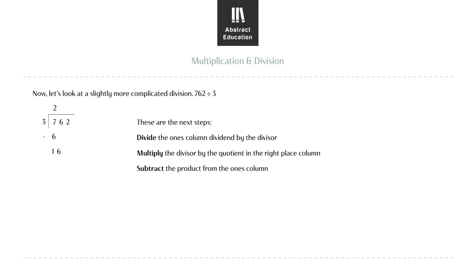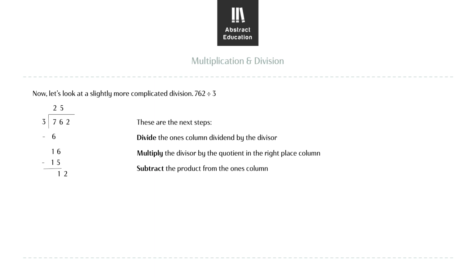This now makes the digit 16. 16 divided by 3 equals 5 remainder 1. Ignore the remainder for now and answer with 5. 5 multiplied by 3 equals 15. Write 15 directly beneath the 16. 16 minus 15 equals 1. Now you subtract and the answer is 1.